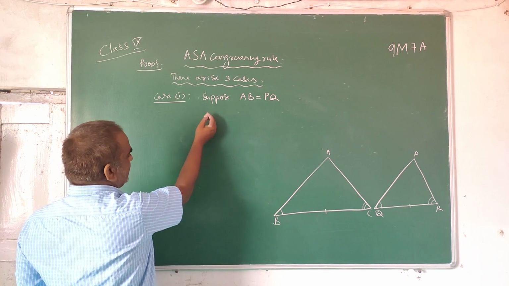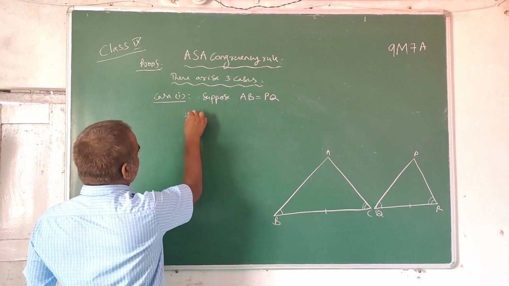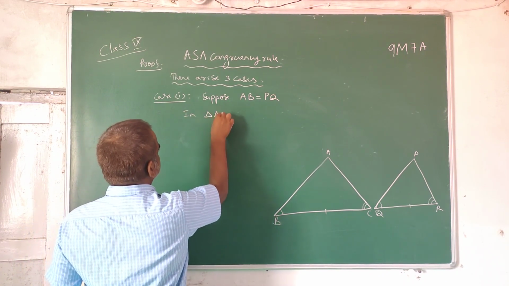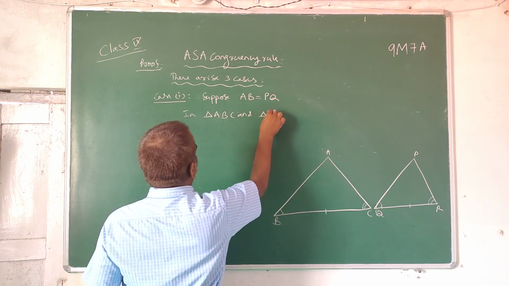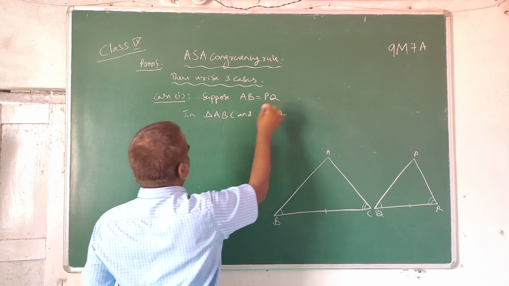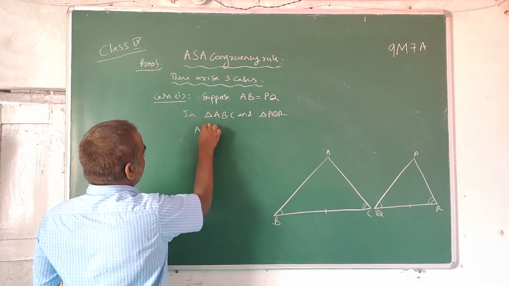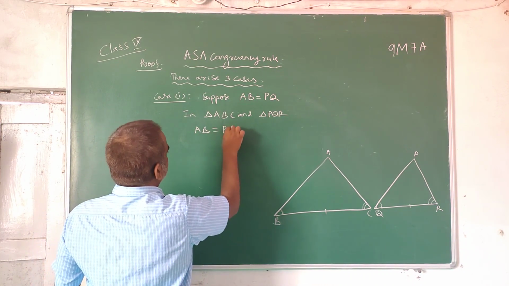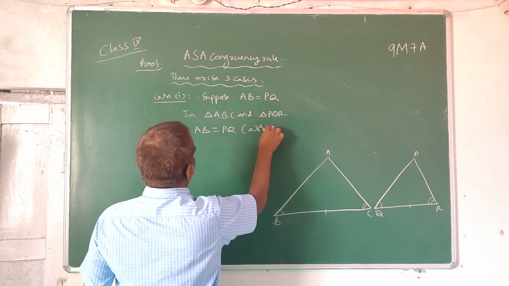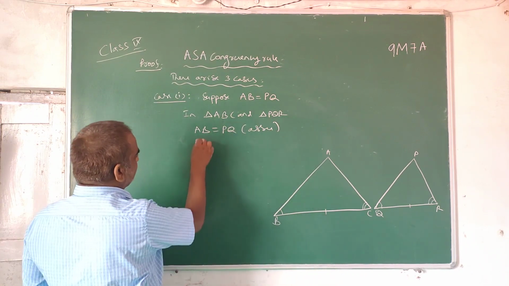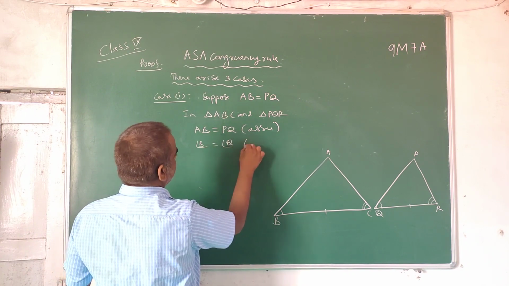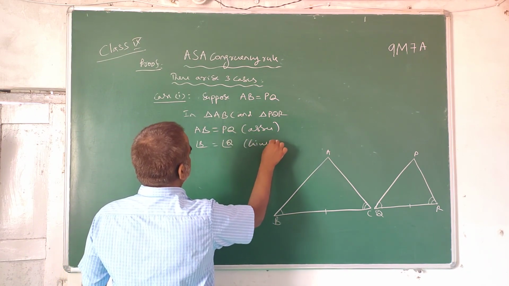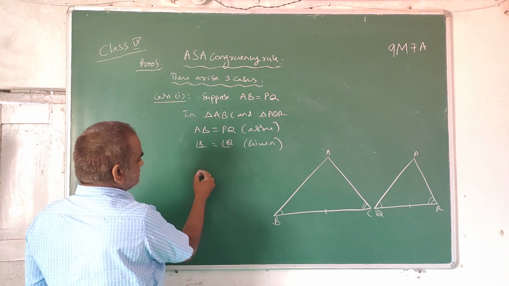So in this case, in triangle ABC and in triangle PQR, AB equal to PQ by our assumption, angle B is equal to angle Q, this is given. Are you following?